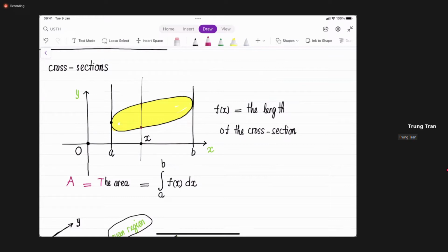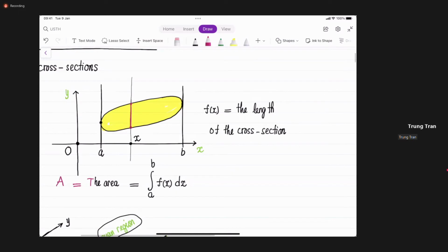For example, in this picture, the segment is the red one, and we say that the red segment is the cross section with the region.